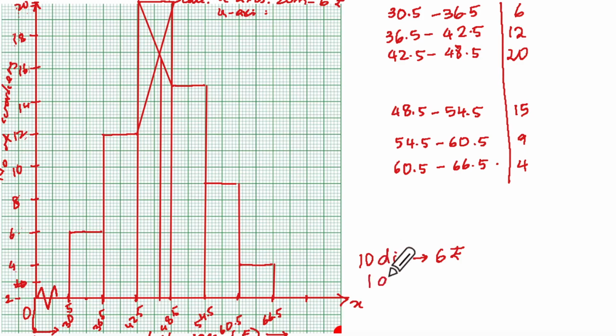So 1 division is going to be equal to 0.6 rupees. Do you agree with that? Now this is 5 division, 6 division and 6.5. Okay, so 6.5 divisions will be equal to 6.5 multiplied by 0.6.